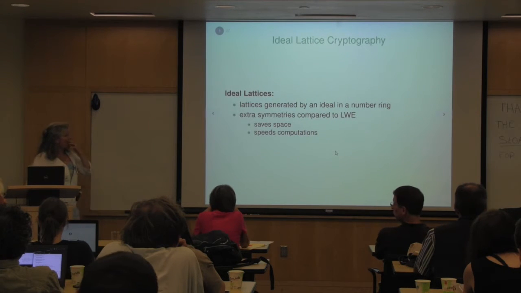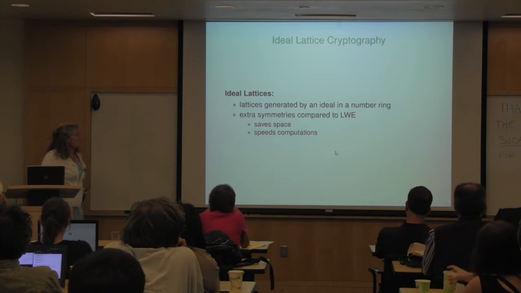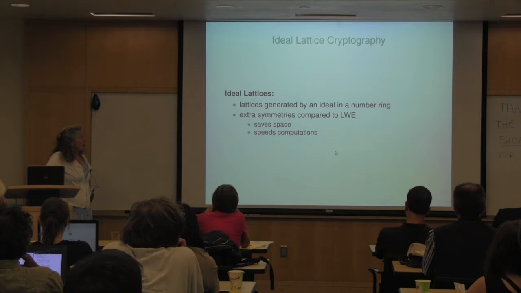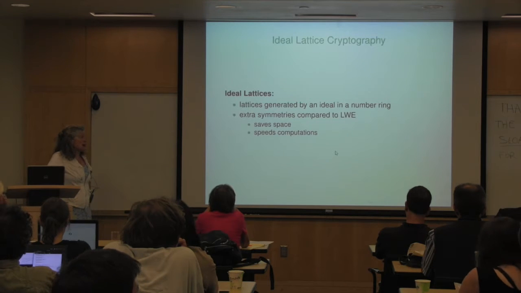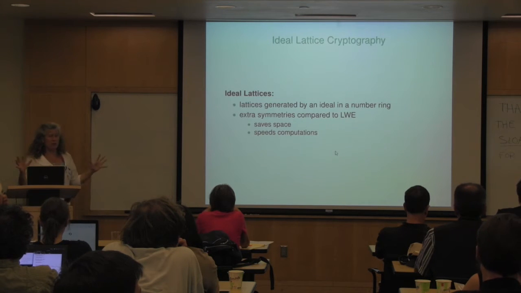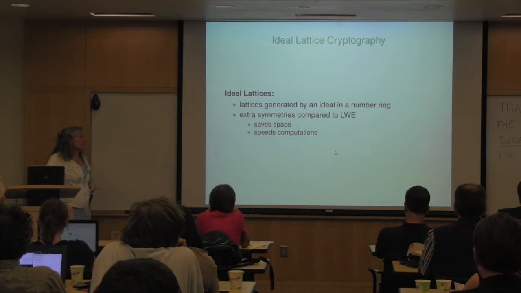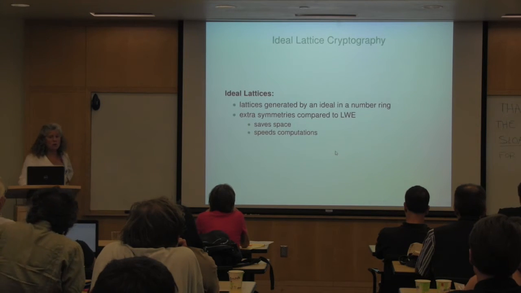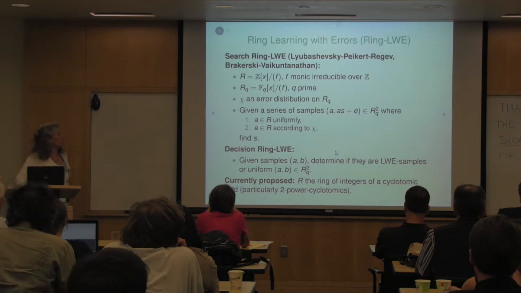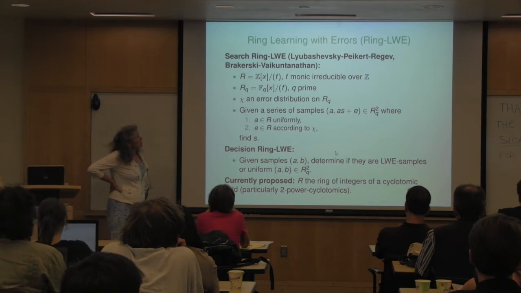Okay, so then for various reasons, ideal lattice cryptography was introduced. So ideal lattices are generated by an ideal in a number ring, and they have kind of extra symmetries compared to just an LWE lattice that allow you to save space and speed computations. So for that reason, the ring learning with errors problem was introduced by Lyubashevsky, Peikert, and Regev.